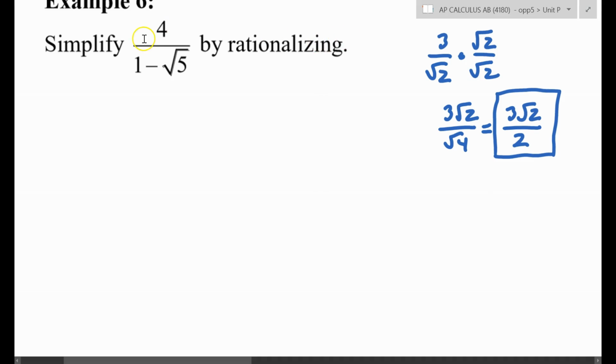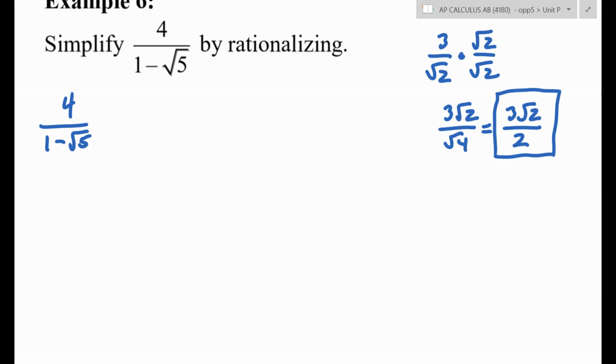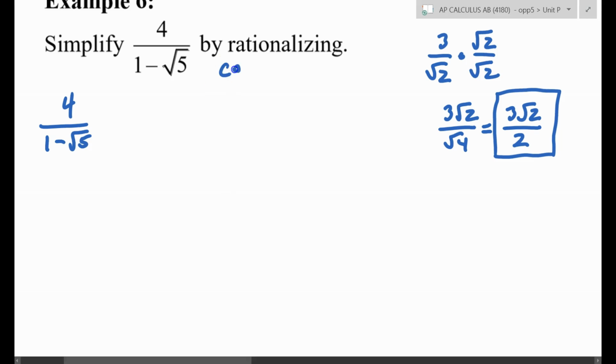Okay. So how do I deal with this one? Multiplied by the whole denominator? Sort of. You're right there. What's that called? Conjugate. So to rationalize these, we multiply by the conjugate. And guys, if I say a plus b, the conjugate of a plus b is a minus b, right?